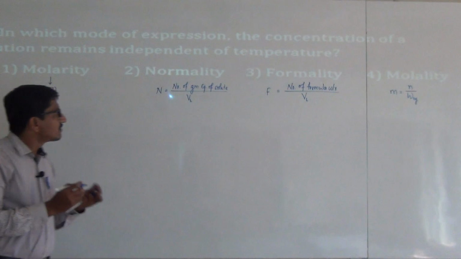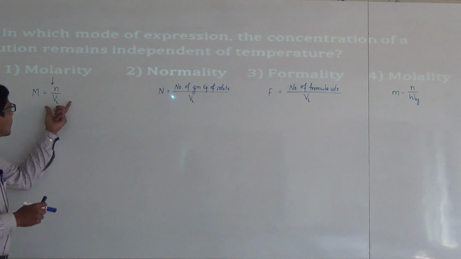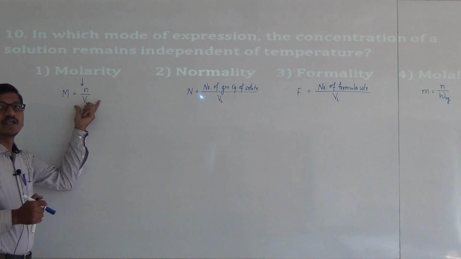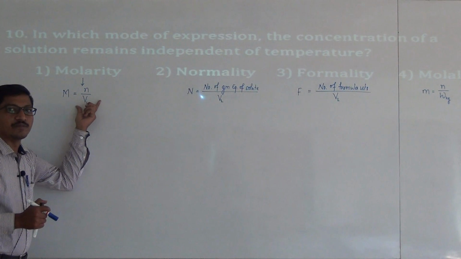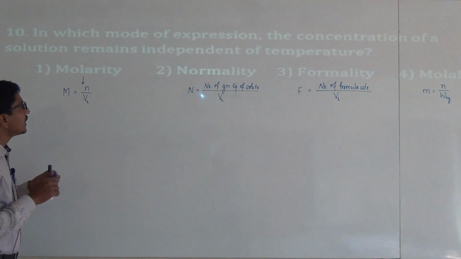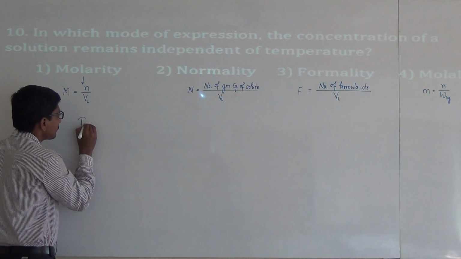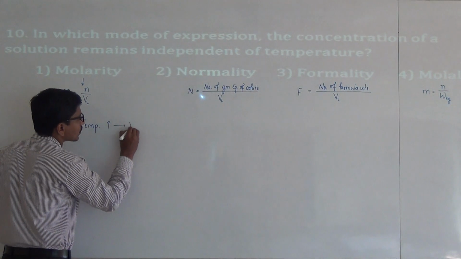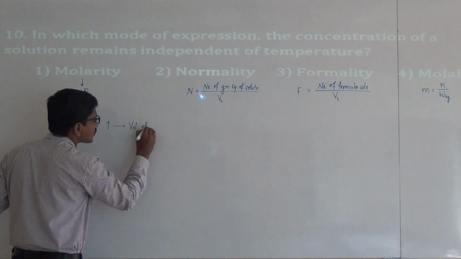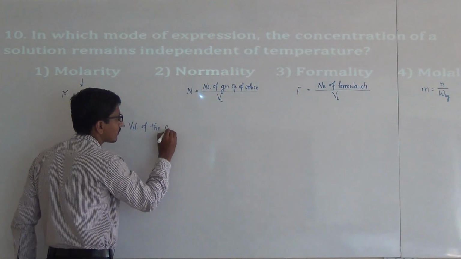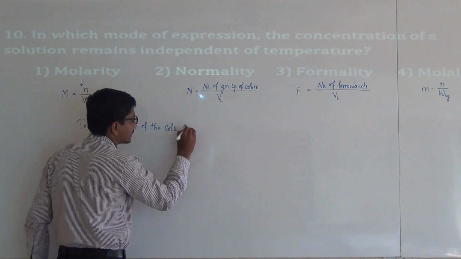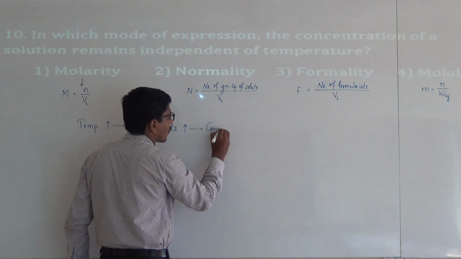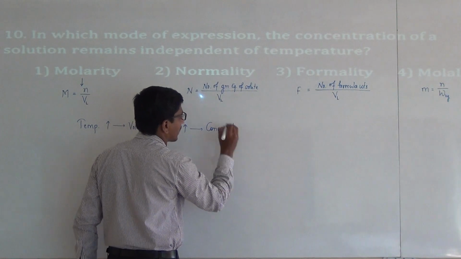First, second and third, in all these the solution is prepared in 1 liter of the solution. When the temperature increases, the volume of the solution also increases, then concentration decreases.